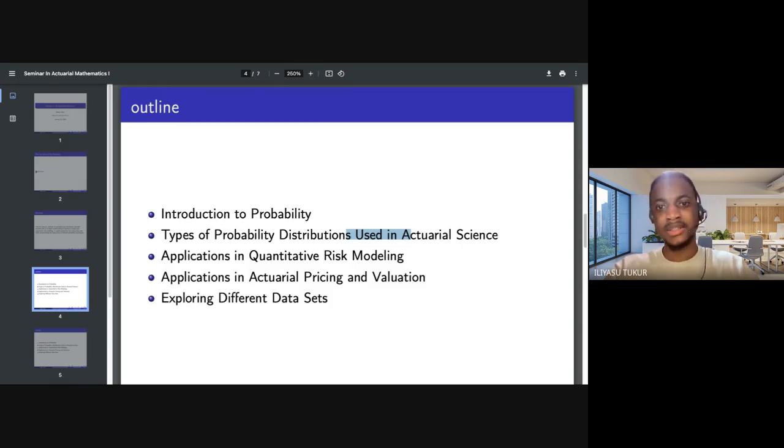That is the challenge. You have data, you want to model the number of claims or the severity, and claims are synonymous, let me say, and then you don't know the distribution.